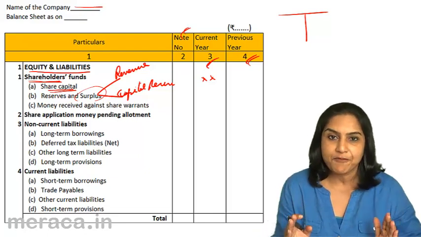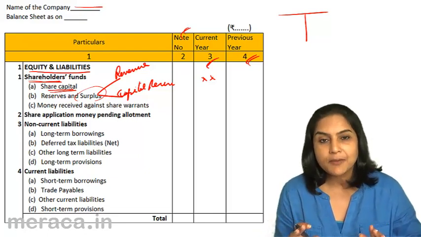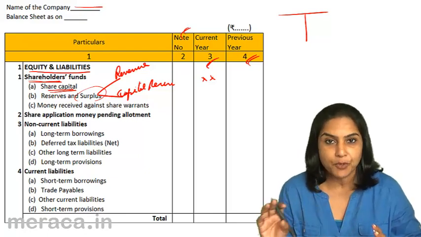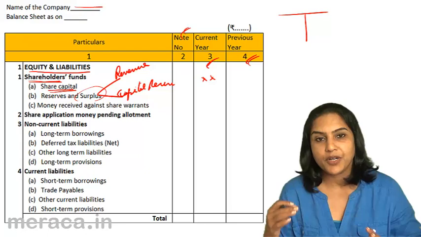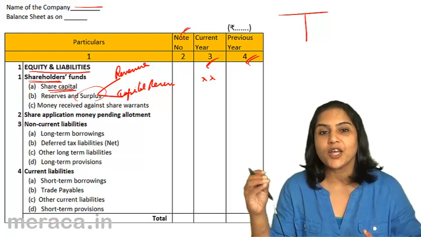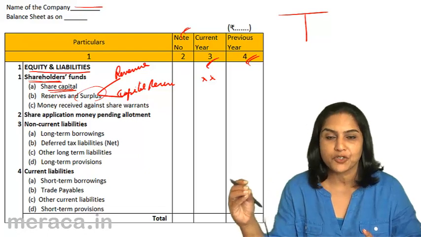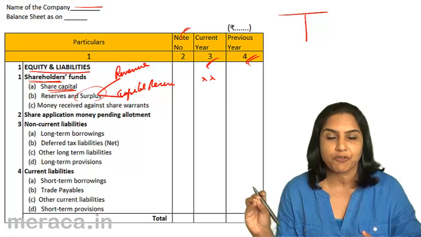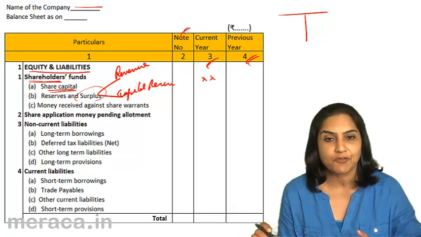The balance every year when the company does business, if it makes profits, part of the profit may be distributed as a dividend. Dividend is nothing but a return to the owner. Sharing of profits with the owner is called dividend. When we distribute the profits to the owner, it is done in the form of dividend.